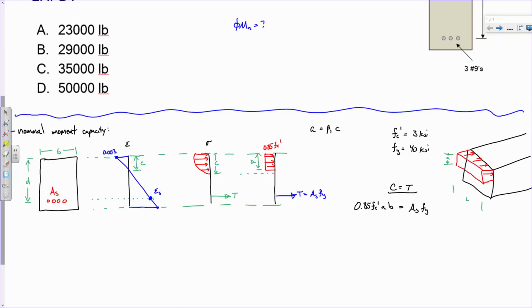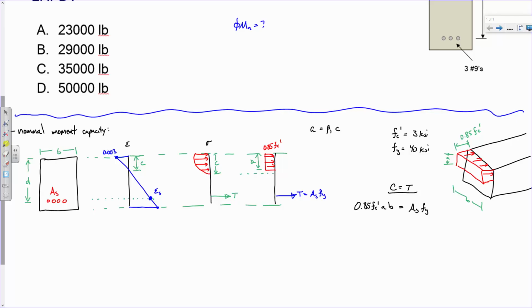This dimension is b. And then this dimension here is 0.85 f'c. So the total amount of compressive force is 0.85 f'c times the area of that block. So it's ab. Is everybody remembering that?